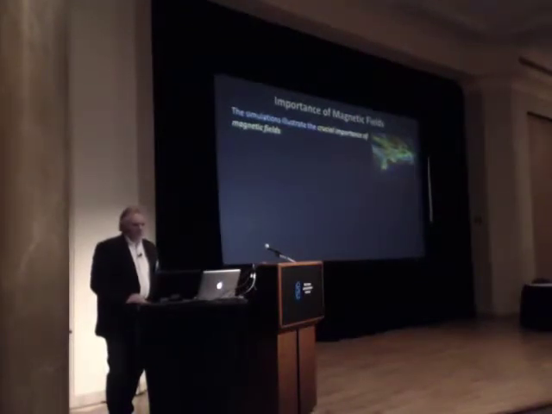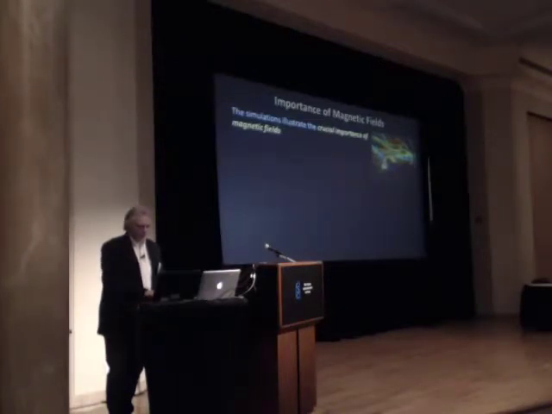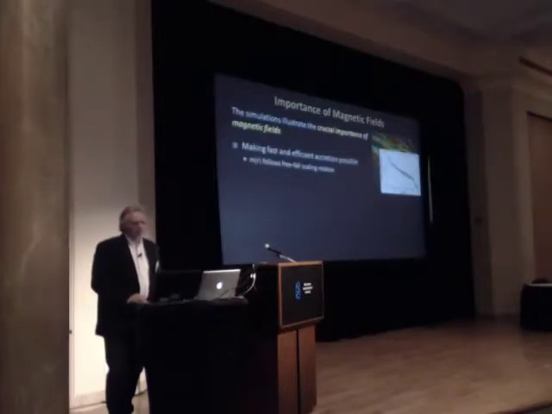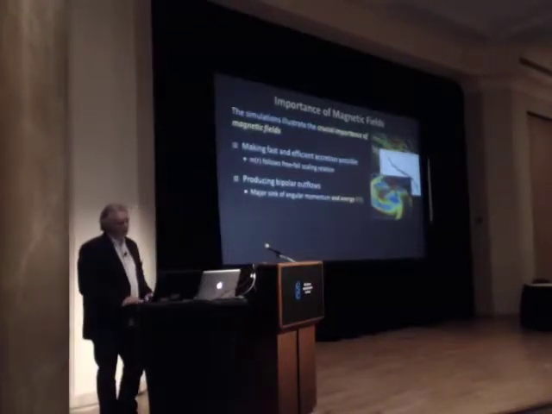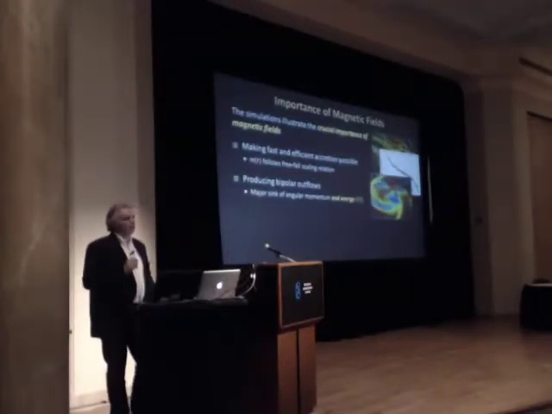And the importance of the magnetic field is really one thing you should take home from this presentation. It's important because it makes fast and efficient accretion possible. And it's important because it produces bipolar outflows. And those are a major sink of angular momentum, but also energy.